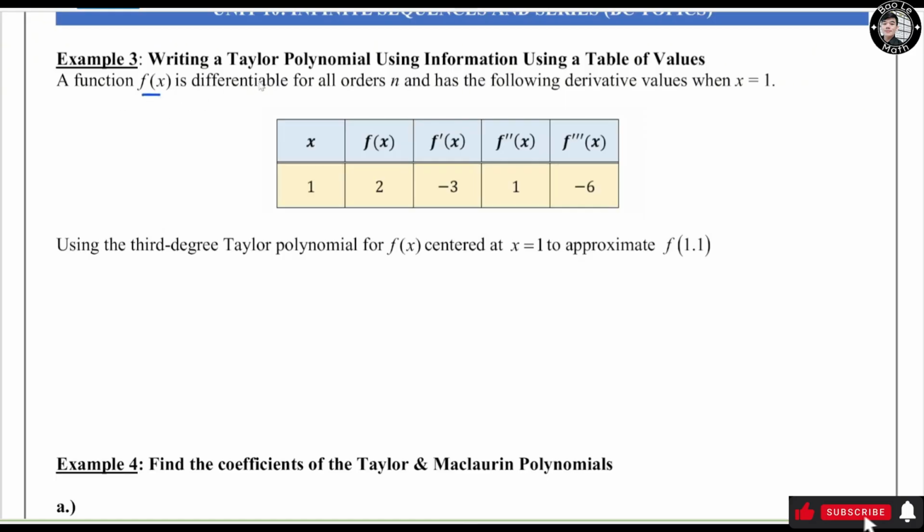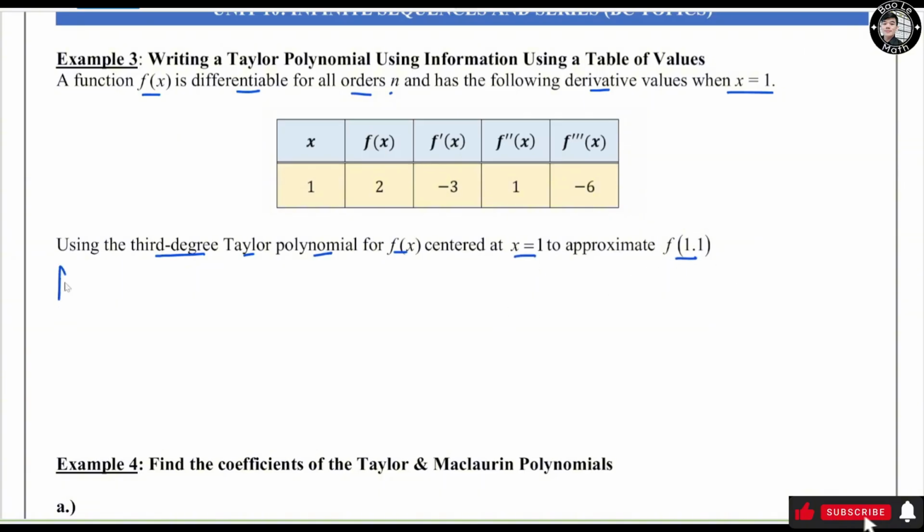A function f(x) is differentiable for all orders and has the following derivative values when x equals 1. Use the third degree Taylor polynomial for f(x) centered at x equals 1 to approximate this one.